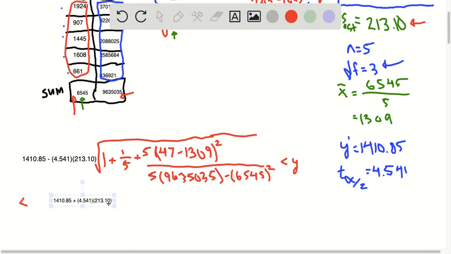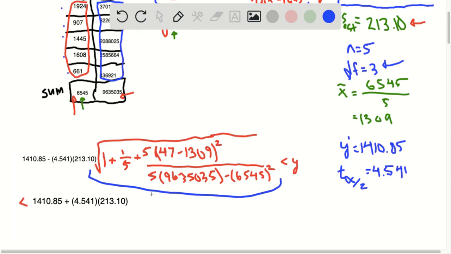And for the sake of time, I will simply put another blue bracket to indicate the fact that we are multiplying all of this underneath the blue bracket right there. We're going to multiply that simply for the sake of time.